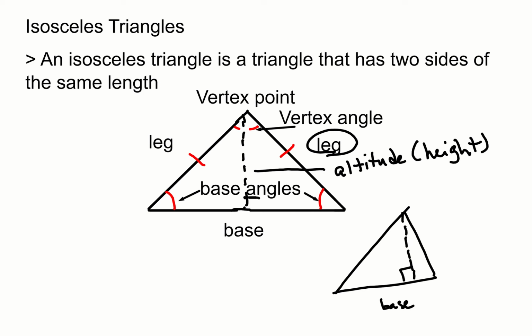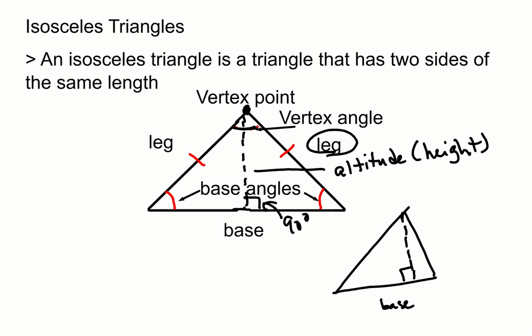It has to be at a 90-degree angle. And that will be the height of my triangle in this example. So the base depends on which one is the height. The height and base are interrelated.